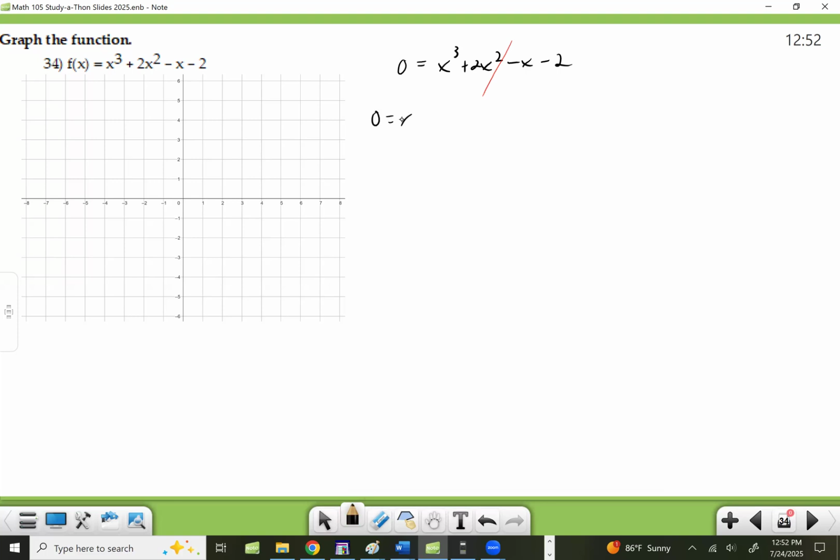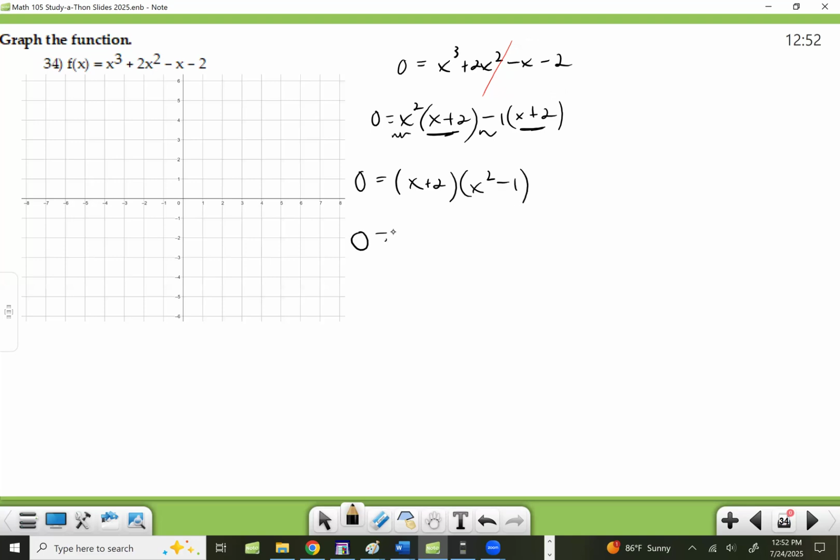So I'm going to take out an x squared from these first 2 terms, and that'll leave me with x plus 2. And I can see that we need to change the signs on these, so I'm going to factor them. That way I can change all the signs. So x plus 2 is going to get factored out of both terms. So that'll just leave us with x squared minus 1.